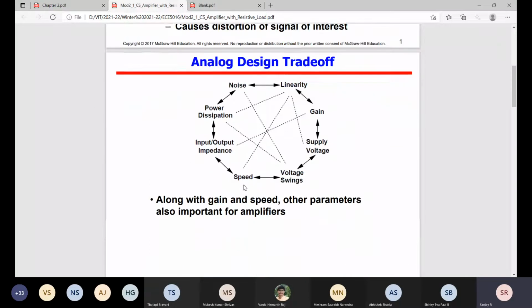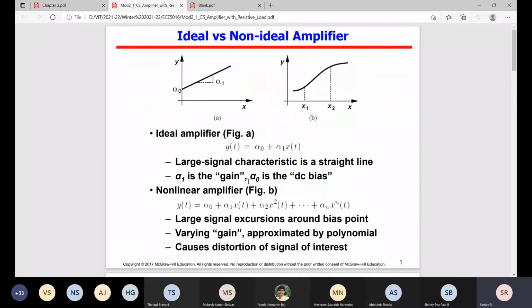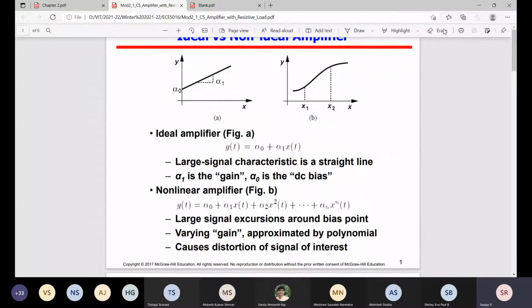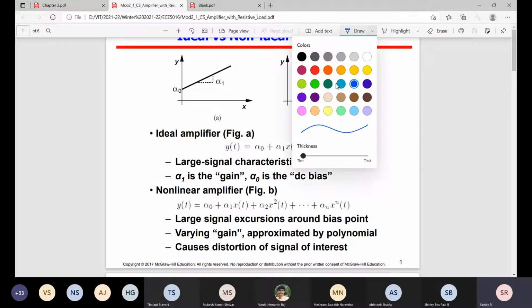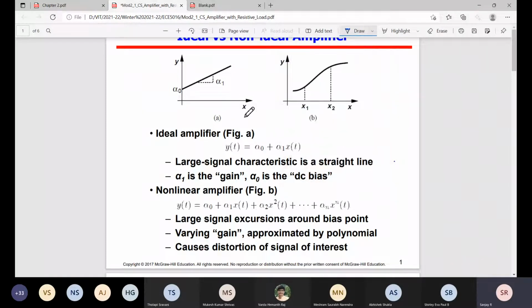Before going to the amplifier, we see what basically small signal is and what basically an amplifier is, and where we have to apply small signal modeling. You can see when you apply input, the output varies linearly, so this is a linear relation. But practically, due to non-idealities, the amplifier won't be linear.